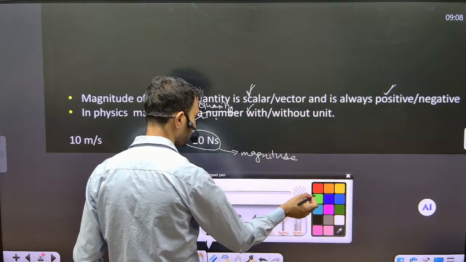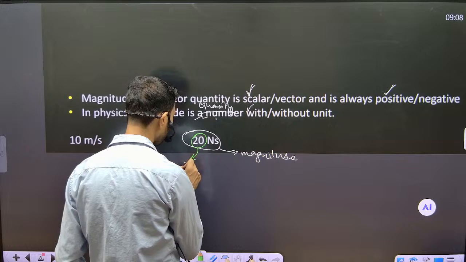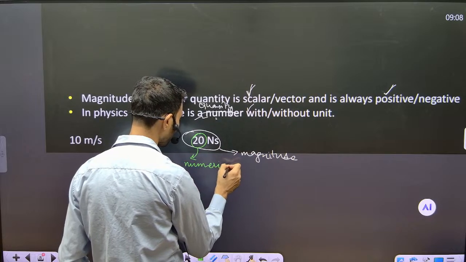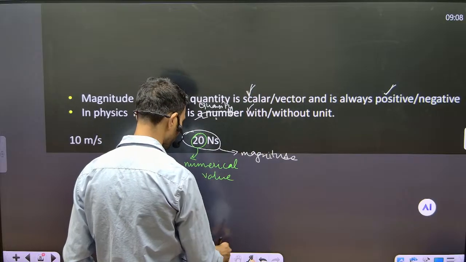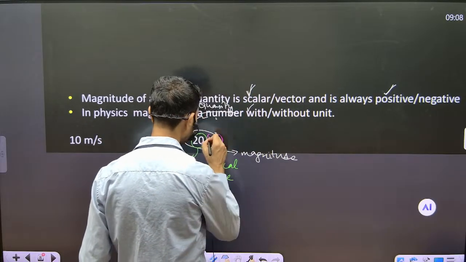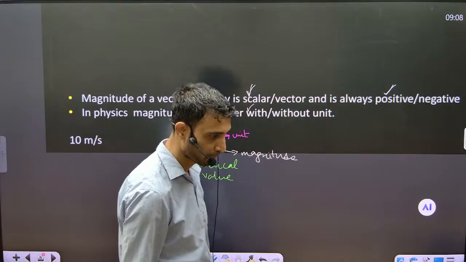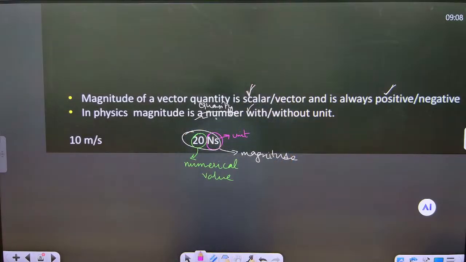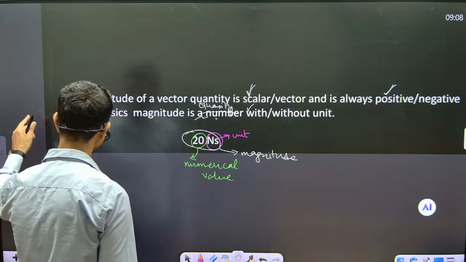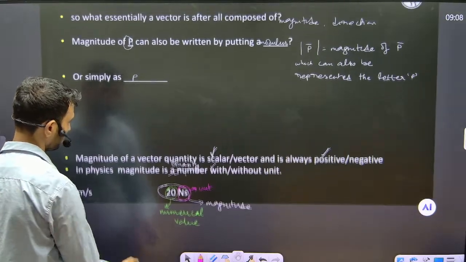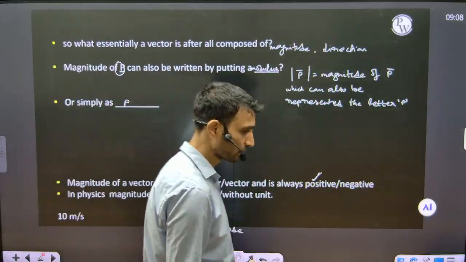In that, 20 is the numerical value, while Newton per second is the unit, and together they are called magnitude. Write it down.